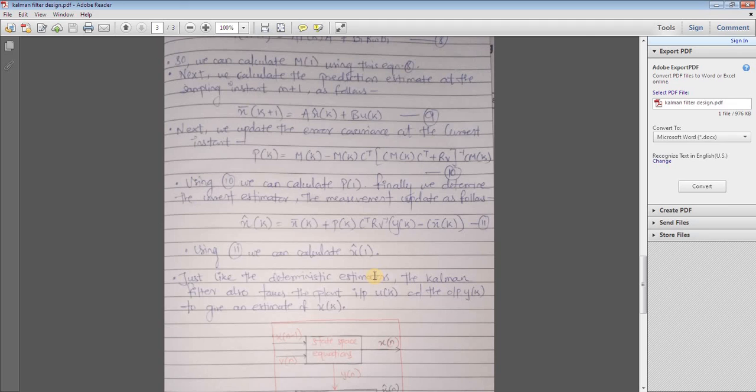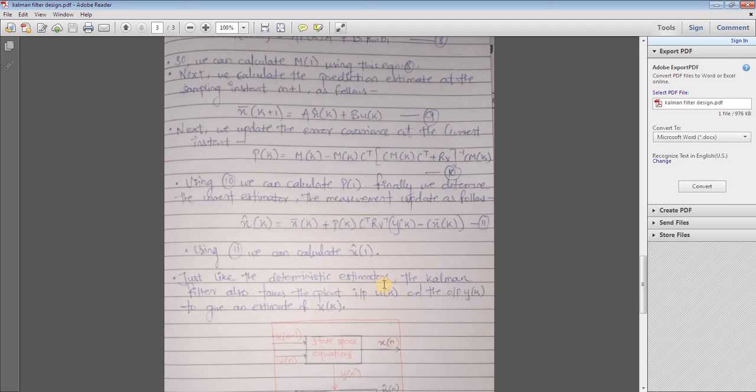In the deterministic case, the steady state version of the Kalman filter is very popular, and just like the deterministic estimators, the Kalman filter also takes the plant input u of k and the output y of k to give an estimate of x of k. But there is no noise, so there is no question of filtering.